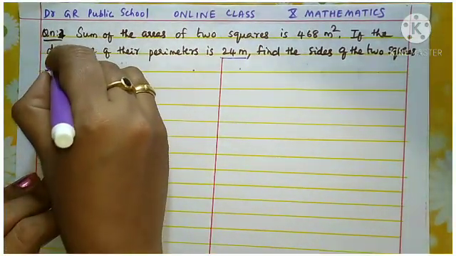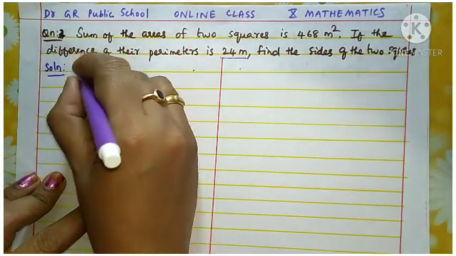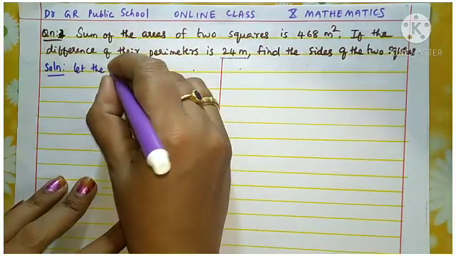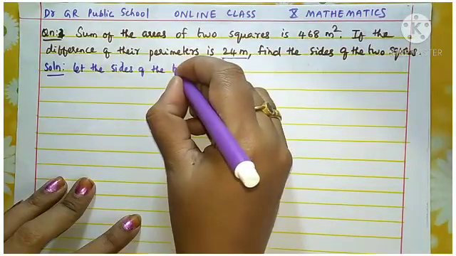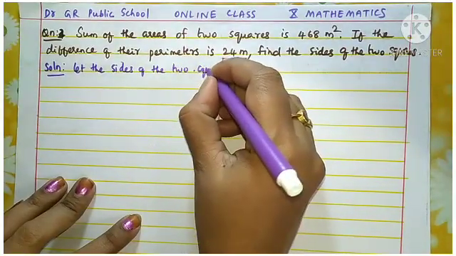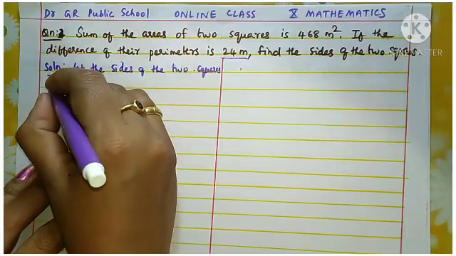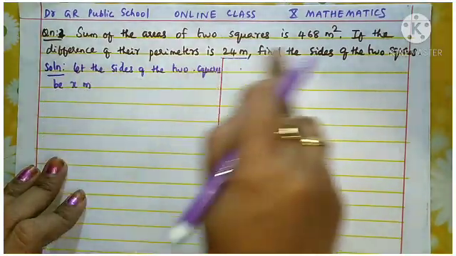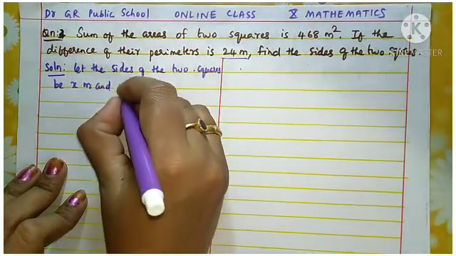Write solution. So first we can write, let the sides of the two squares be x meter, because the unit is given in meter, and y meter.